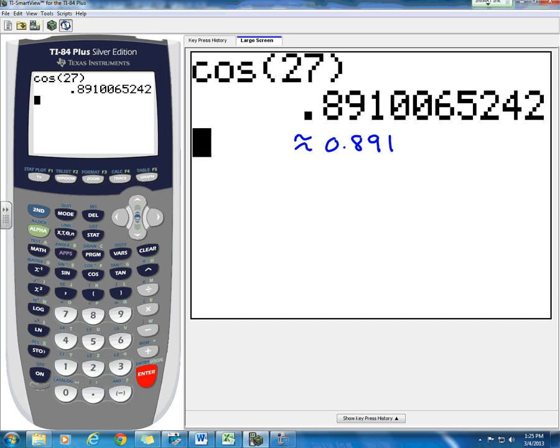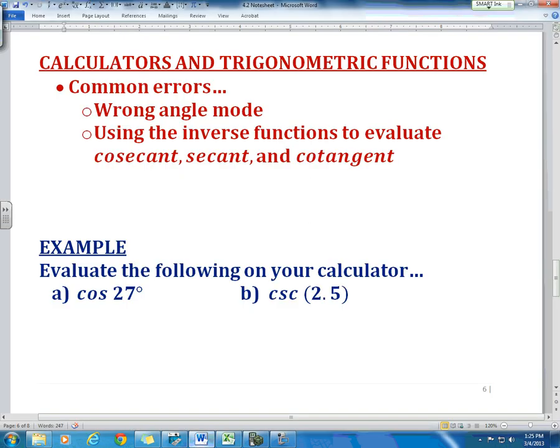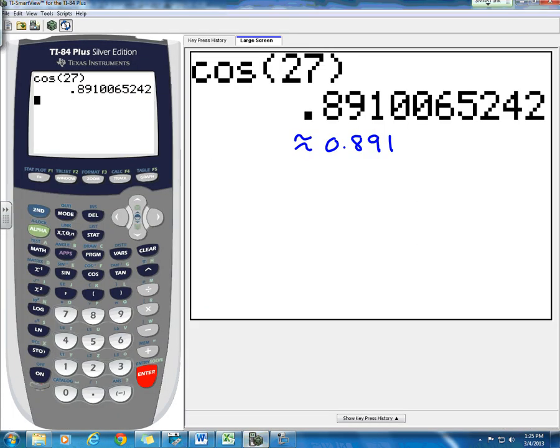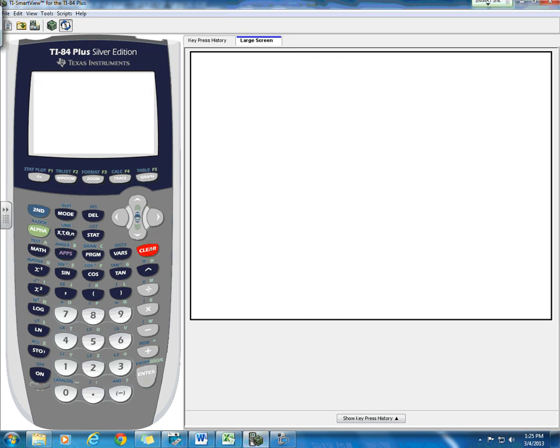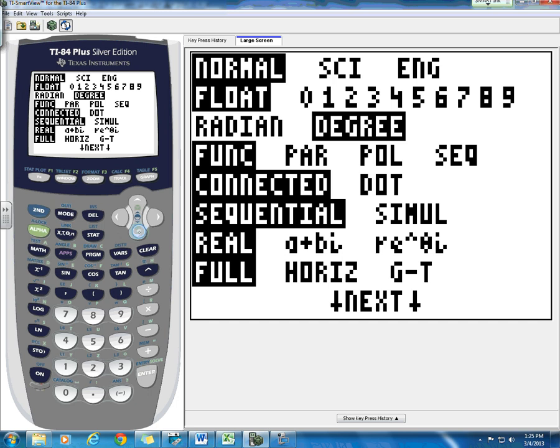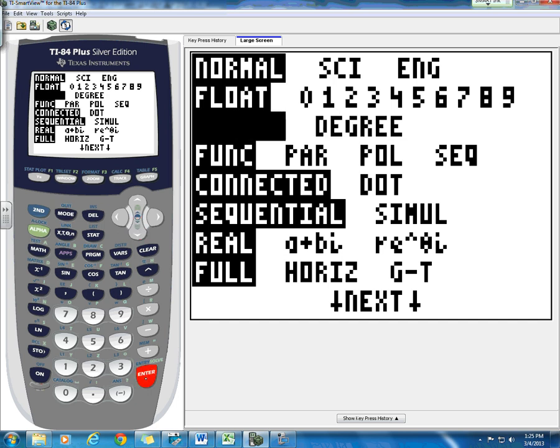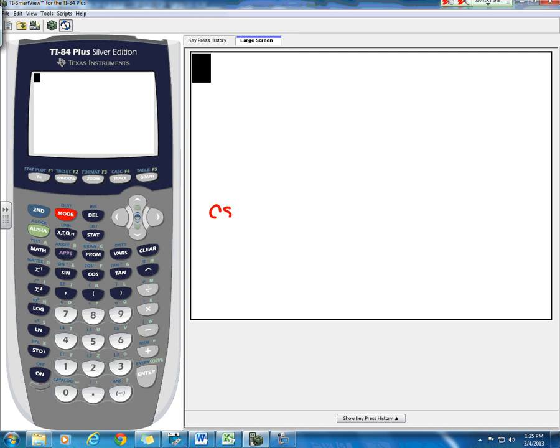The next one I have is the cosecant of 2.5. Now, because there's no degree symbol there, this is implied to be in radian measure. So when I go to my calculator this time, I'm going to clear out what I had here, and I'm going to make sure that my mode is in radians. So if I want to do the cosecant of 2.5 radians, then that means that cosecant is not a key on here, but I know it's a reciprocal of sine.